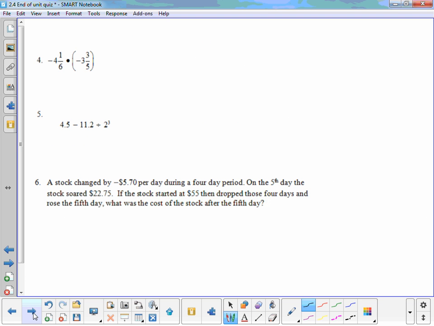On my next problem, some of you did 4 times 3, and the main mistake kids made was that you have to convert to improper. 4 1/6 is 25/6, and we're going to multiply that by a grand total of 18/5. And hopefully we can cross cancel.